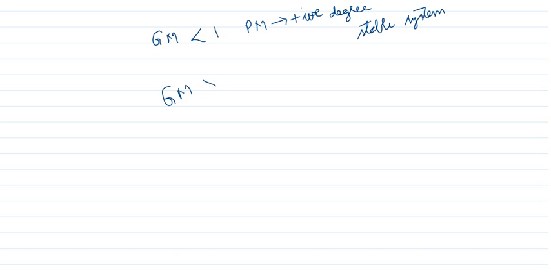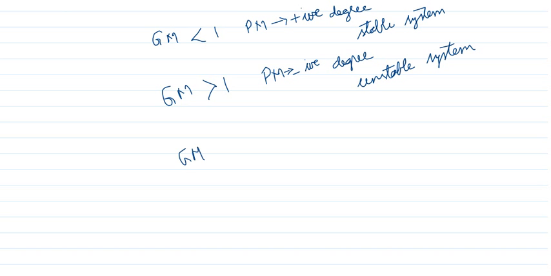Gain margin greater than 1 and phase margin a negative degree, it is an unstable system. If the gain margin is equal to 1 and the phase margin equal to 0 degrees, then it is a marginally stable system.